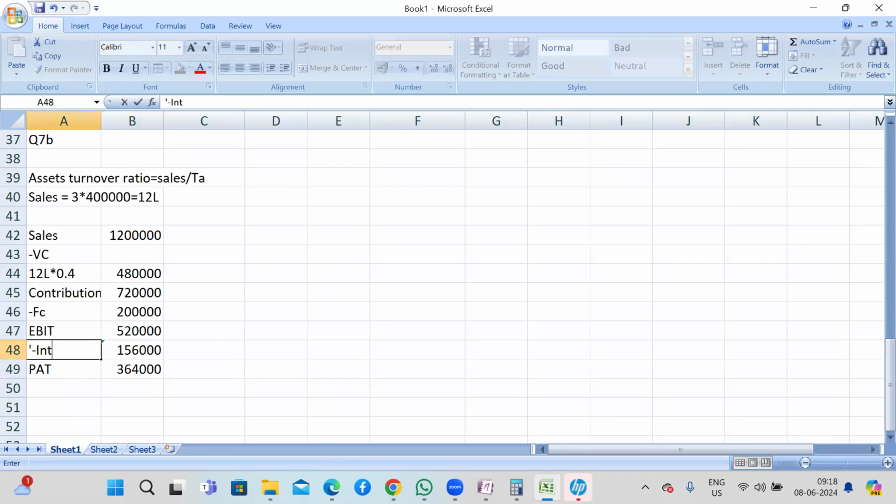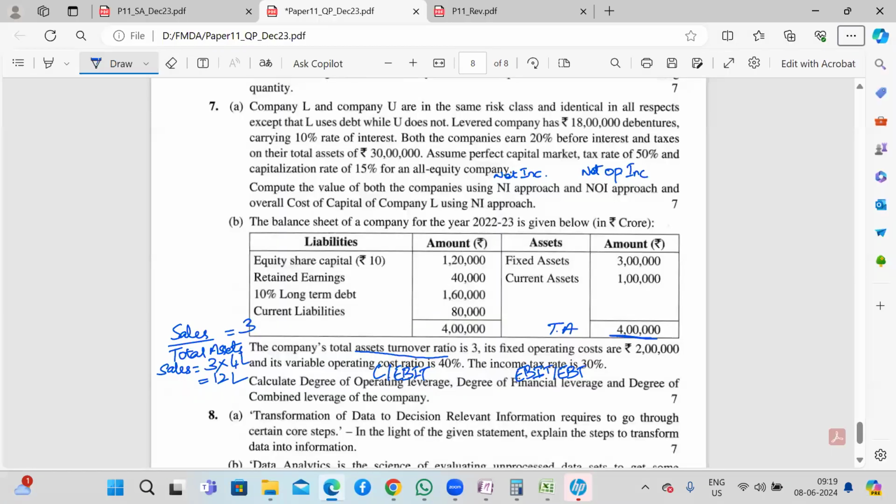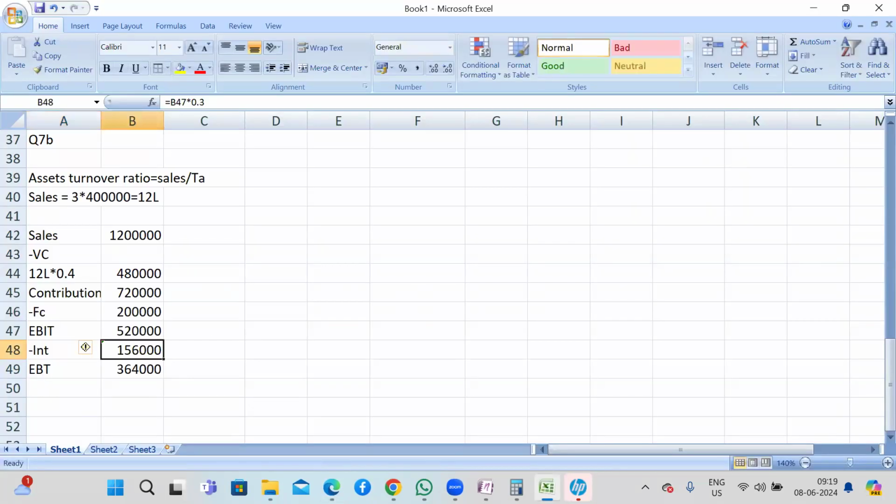I want to calculate interest. So after interest only I will be getting EBT, right? So just a second, EBT. So interest. So here I am having 10% long term debt. That is 1,60,000 into 10%, that is 1,60,000 into 0.1. So 16,000. So I will be getting EBT as 5.04.